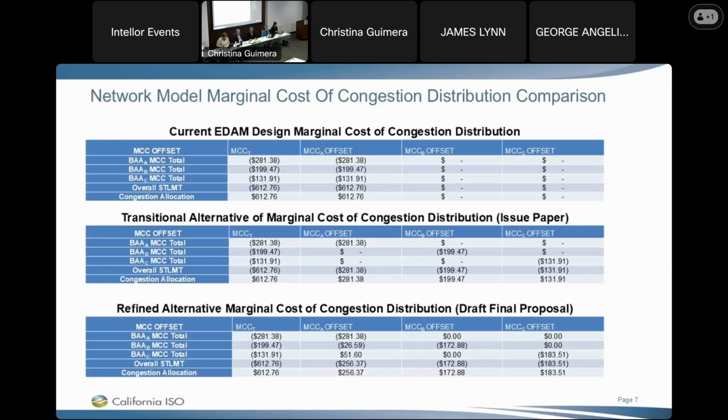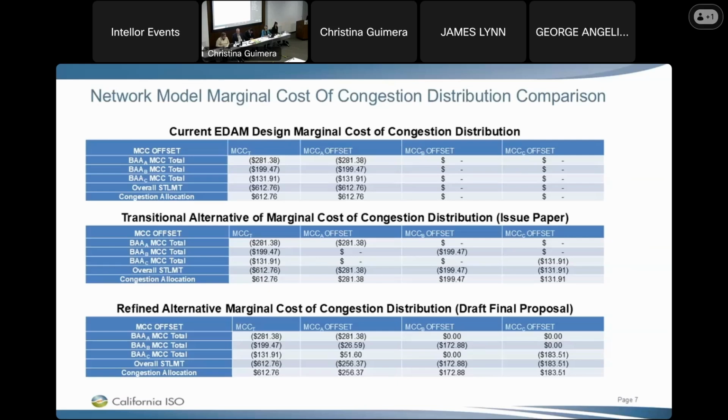I think I know the answer, but if you have a transmission right and you're counterflowing the constraint, so in other words, you probably would have been better off not having scheduled your transmission right. Do you then owe money into the congestion allocation?